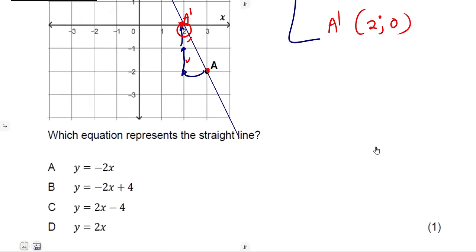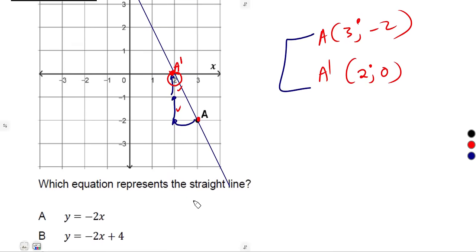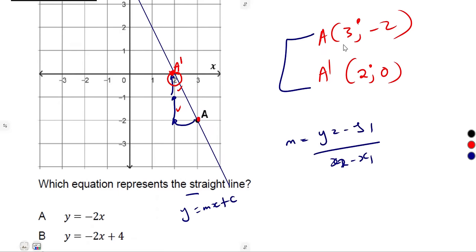They give us an equation, remember. So how do I find the equation? I'm just going to need the gradient concept. Remember, y is equal to mx plus c. M is the gradient, the change in y over the change in x. So I'm going to have x1, y1, x2, y2.